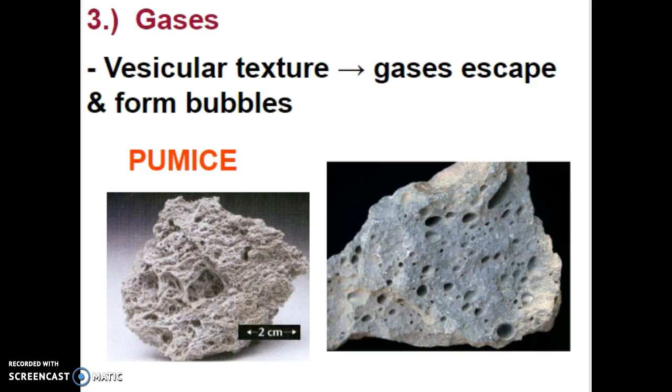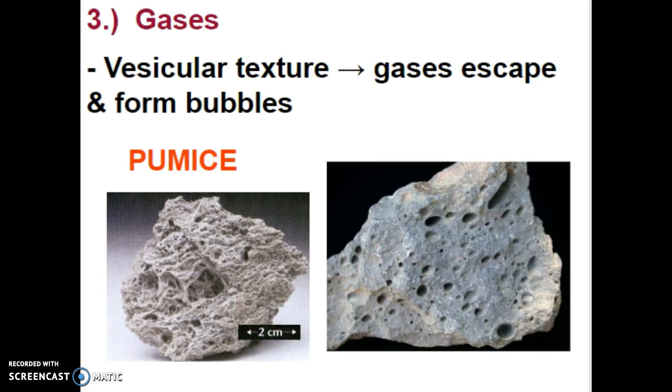Some magmas are a little gassy. We've talked about the composition of magmas and lavas in our last chapter. A vesicular texture in an extrusive igneous rock would indicate that the lava was very gassy and had lots of gases trying to escape during that cooling process.